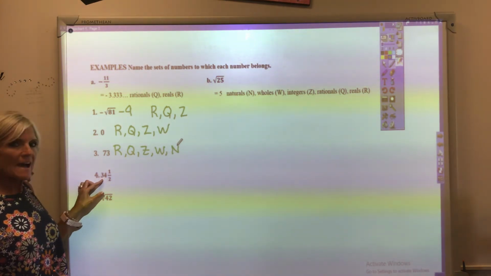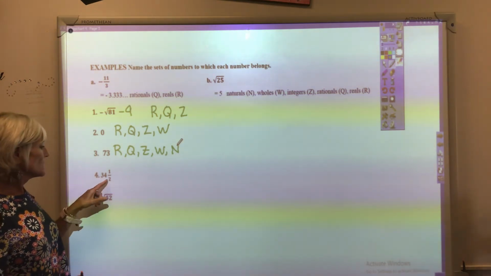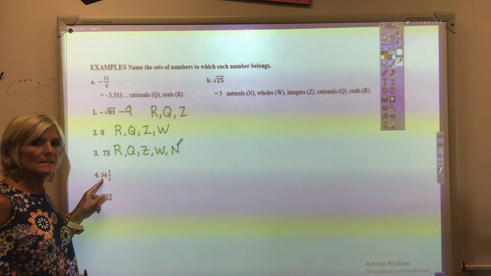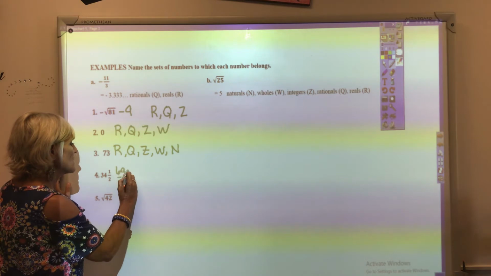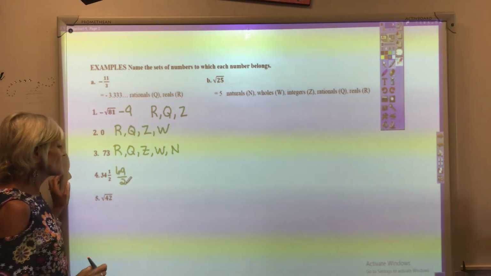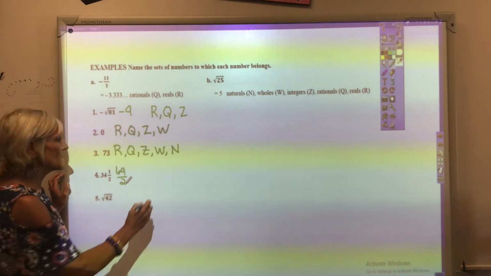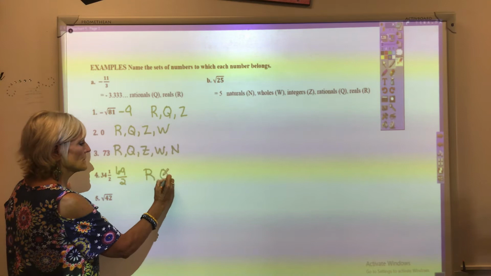34 1/2 can be rewritten as an improper fraction. 2 times 34 is 68 plus 1 is 69, so we can rewrite this as 69 over 2. Or if it was a decimal, it would be 34.5. So we know that it is real and it is rational.